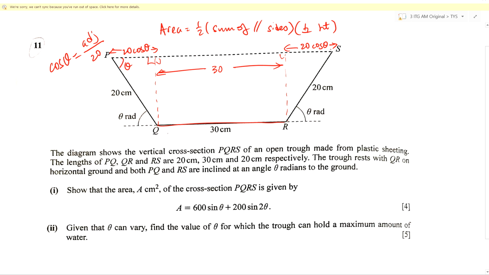Now I need perpendicular height. This is the perpendicular height. If you can tell me that this is 20 cosine theta, you have no problem telling me that this is 20 sine theta. So we're going to add them up, we're going to multiply them together, and let's see what we get. Area equals half times (30 plus 30 plus 2 times 20 cosine theta).